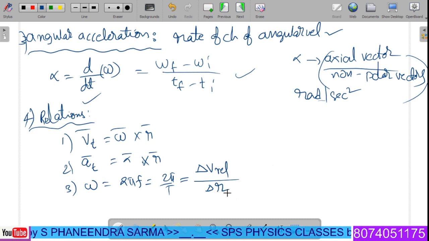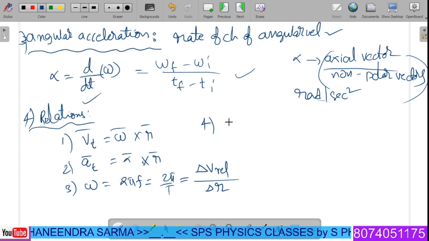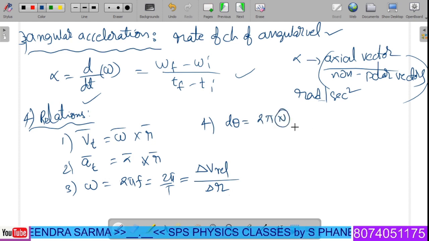We have to take common radius, or r relative. Next, if we consider angular displacement d theta, that is given by 2 pi into n, where n is the number of rotations, which can be a full integer or any fraction.